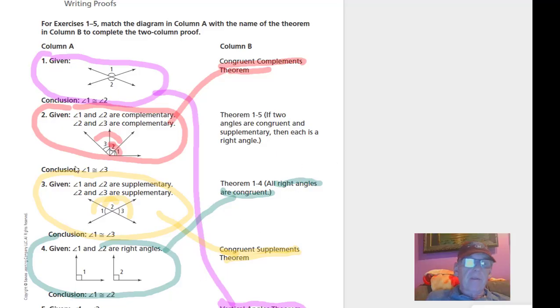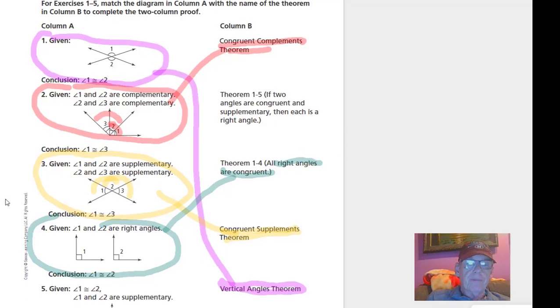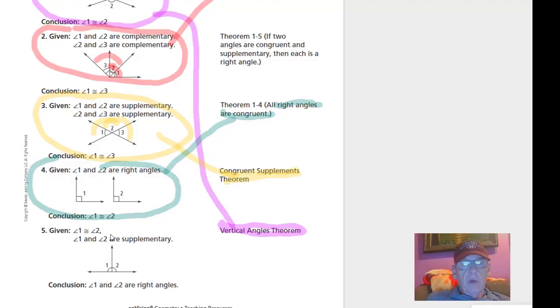Now let's use number 5. We move up a little bit. Given that angle 1 is congruent to angle 2, and that angle 1 and angle 2 are supplementary, so we have 1 congruent to 2, and 1 and 2 together make 180. Basically, we got the idea that 2 x's makes 180, so each one of those must be 90 degrees. Each one of these is a right angle. So, theorem 1.5, if two angles are congruent and supplementary, then each is a right angle.